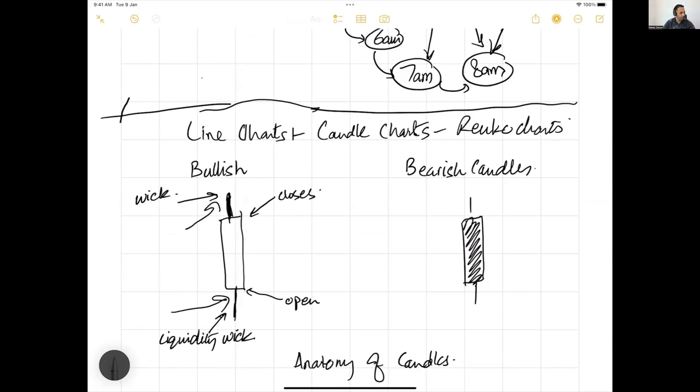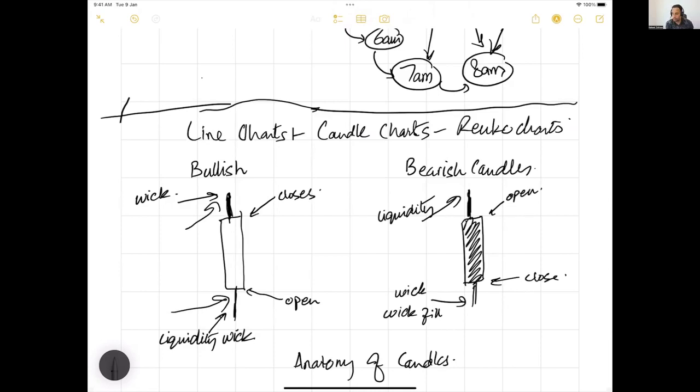And if we're looking at the bearish candle, it's basically the opposite. We open at the top and we close at the bottom. The wick to the top is our liquidity wick. And then this one is our wick fill, which we'll talk about later on as well.